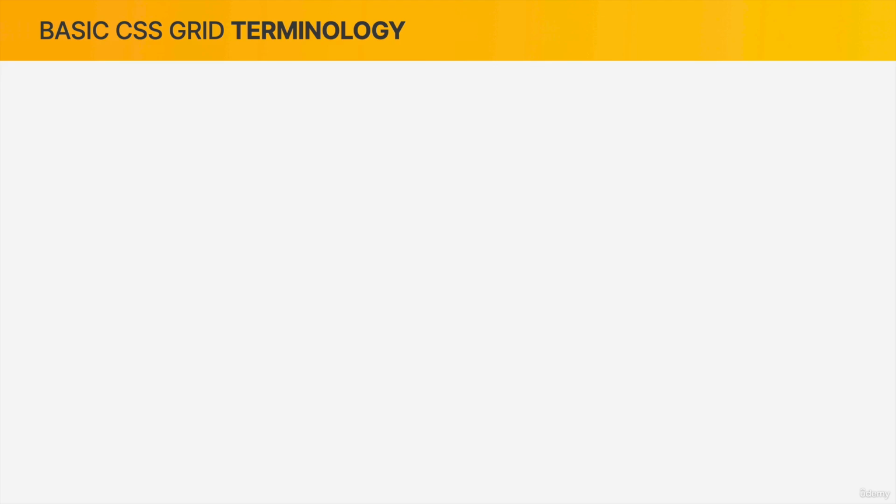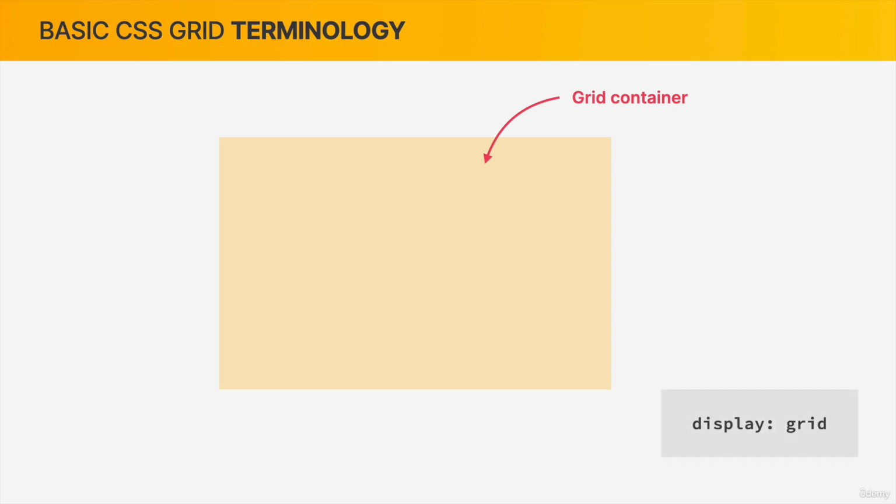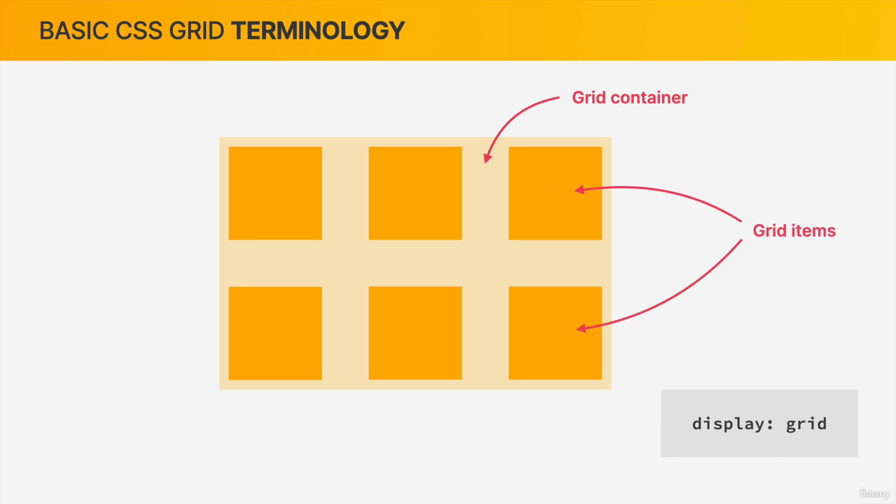And now we need to once again talk about some terminology here so that when I talk about CSS Grid, we are all on the same page here. So as we just learned already, the grid container is basically where everything happens. And we create a grid container by setting its display property to grid. Then all the child elements of the grid container will be the grid items.